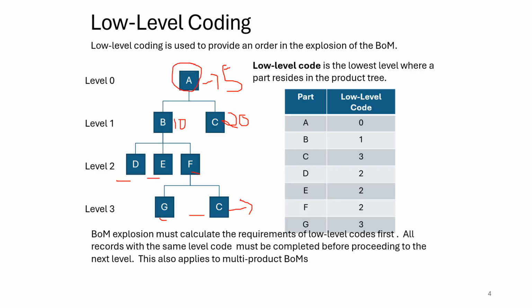So only if we know what we have on the top will we be able to calculate all the values that go down this entire MRP flowchart. So MRP is a top-down process, and we first calculate what is required for the assembly A, then we calculate what is required for B and C, then we calculate the MRP for D, E, and F, and finally we calculate the material requirement plan for G and C.